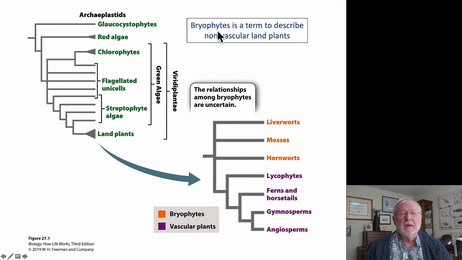So it's a term that describes a plant which is non-vascular, that it doesn't have a conducting system to move water, nutrients, and food. It's only after the evolution of liverworts, mosses, and hornworts that we see the evolution of more derived forms that are then called the vascular plants.